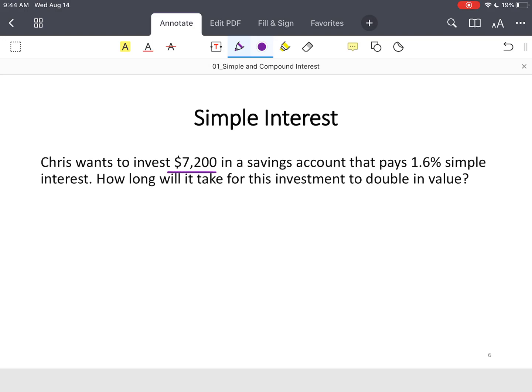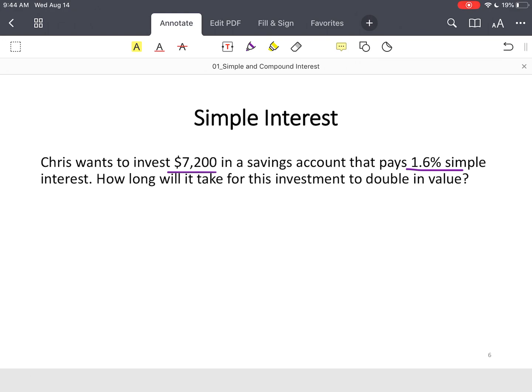All right, we got $7,200 invested, 1.6% simple interest. And now this last sentence is key. How long will it take for this investment to double in value? What that's essentially asking us is, we're trying to earn $7,200 in interest.